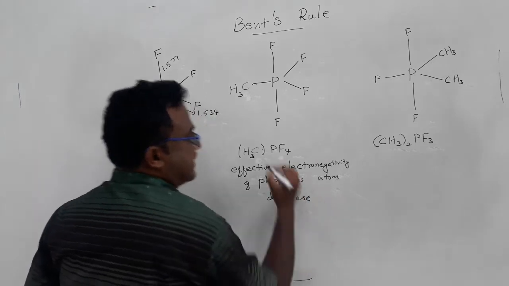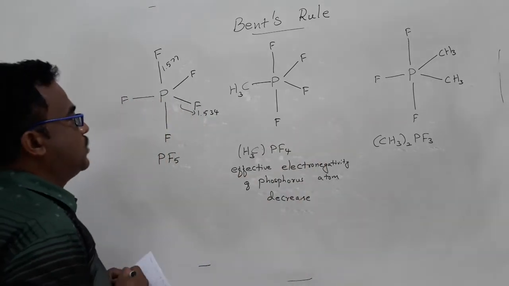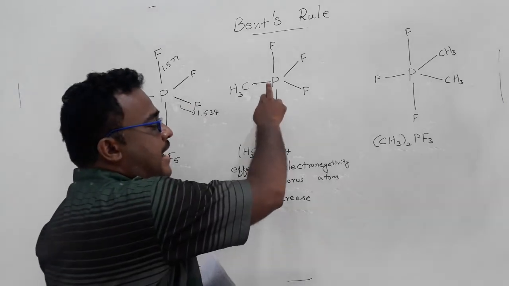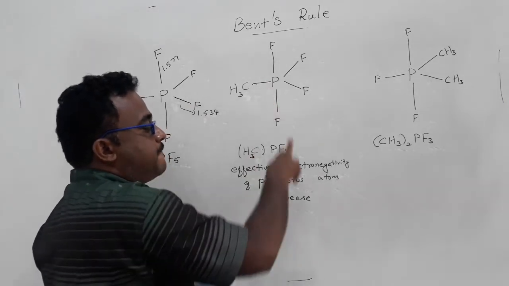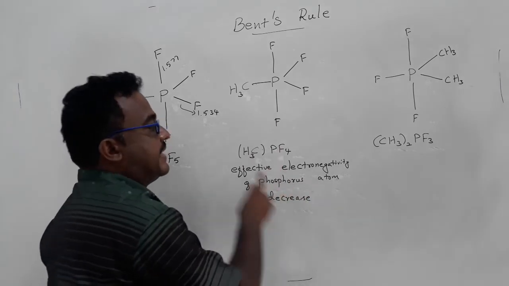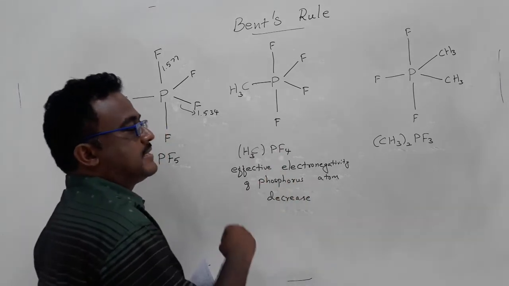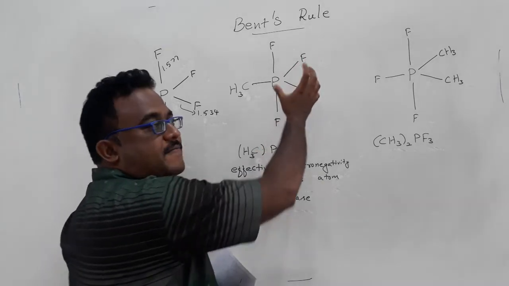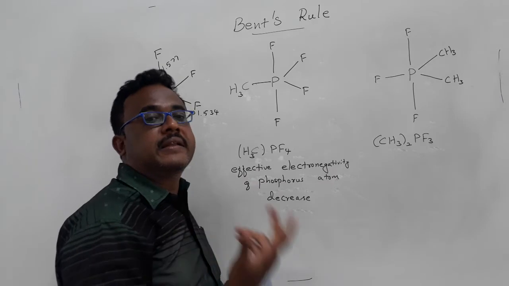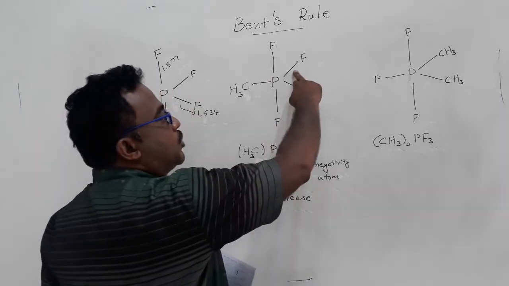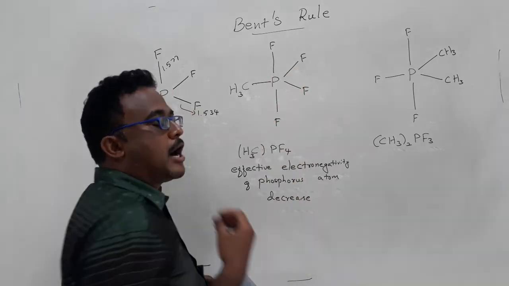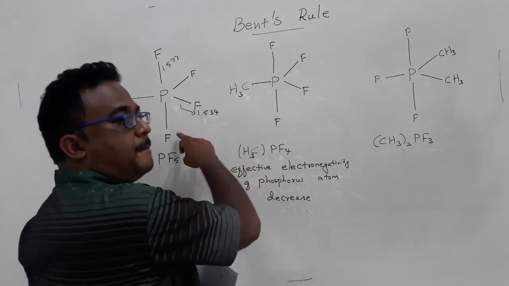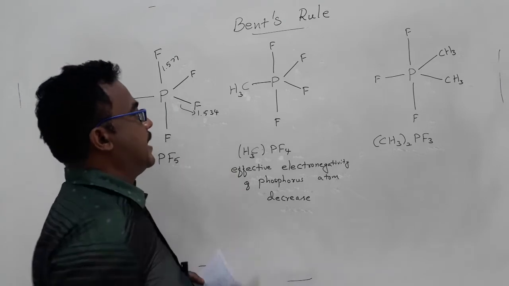In both cases, when you substitute fluorine by a methyl group, the effective electronegativity of the phosphorus atom decreases. If it decreases, the phosphorus-fluorine bond length can increase. So the equatorial bond length as well as the axial bond length should increase, becoming longer compared with phosphorus pentafluoride.